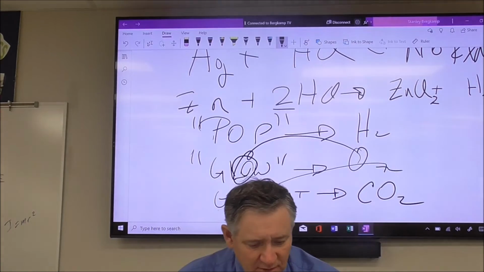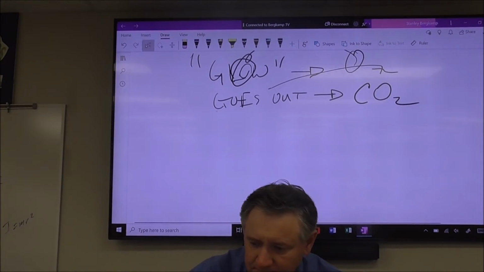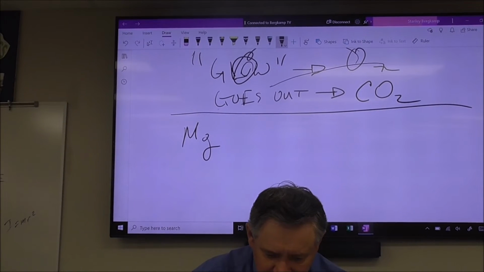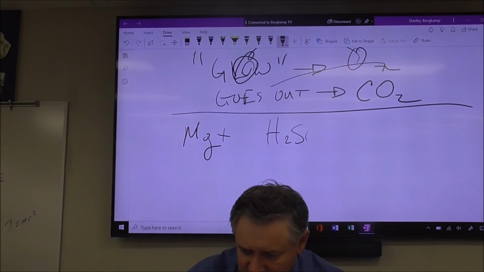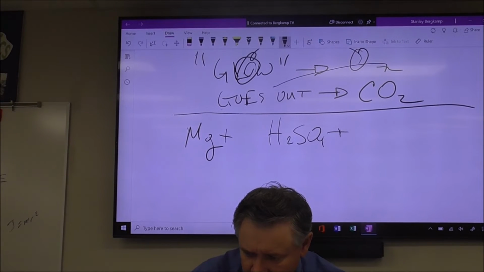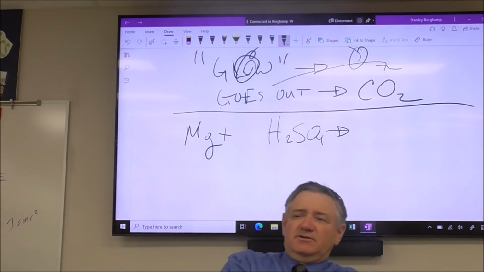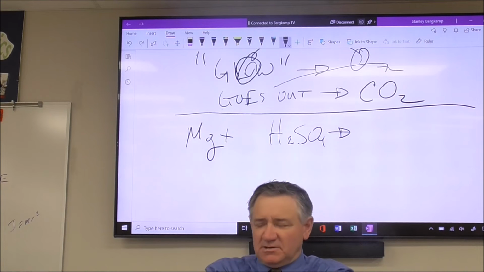So, if you look at, say, for example, number 16. In 16, you dropped a piece of magnesium into sulfuric acid. Sulfuric acid is H2SO4. So right away, what type of reaction is this going to be, Mr. Grill? Single displacement.